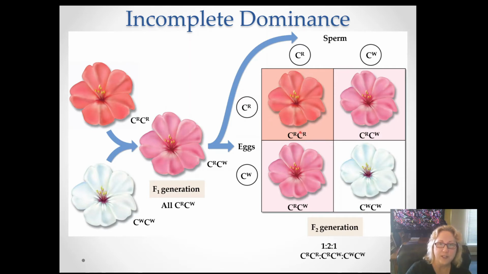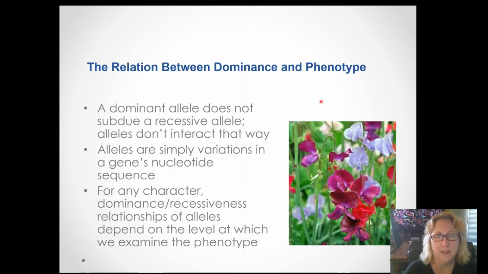We see this with a lot of human traits, like hair texture. If one parent has really straight hair and the other parent has curly or very wavy hair, often the children will have some version of wave in their hair. So that's incomplete dominance.